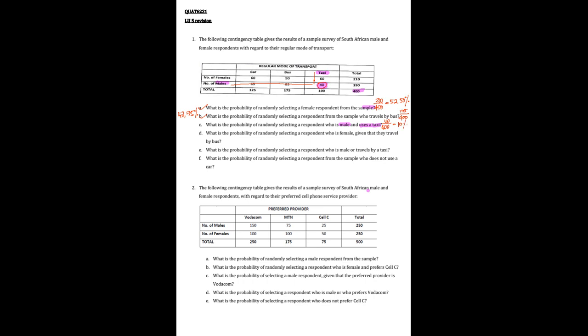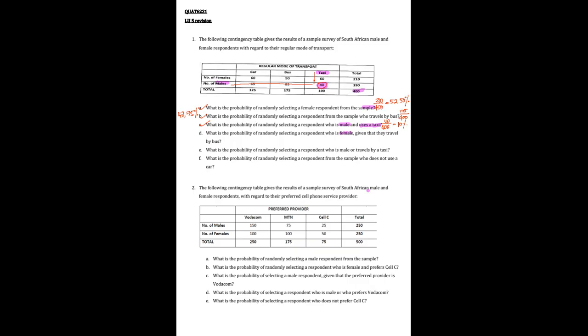Then they say to you, what is the probability of randomly selecting a respondent who is male? And now this is an interesting one. So this is something, again, that you'll need to make sure that you read through in your slides. They say to you, what's the probability of selecting a respondent who is female? But it's given that they travel by bus.